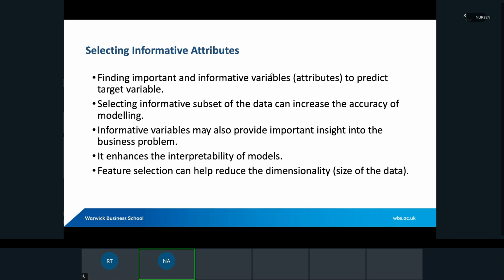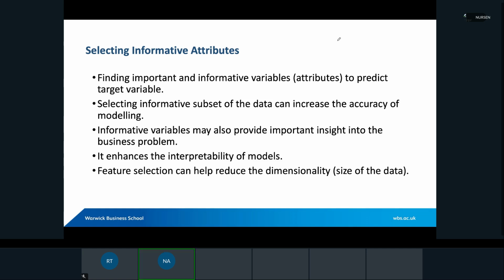If you use this data completely, and if it includes every possible variable, it might seem safe, but actually it may confuse the model. If there are lots of features available in the data set, models may not perform well. The main idea of identifying informative attributes is to decide which ones provide more information about the target variable, so which ones are more relevant for churn prediction.